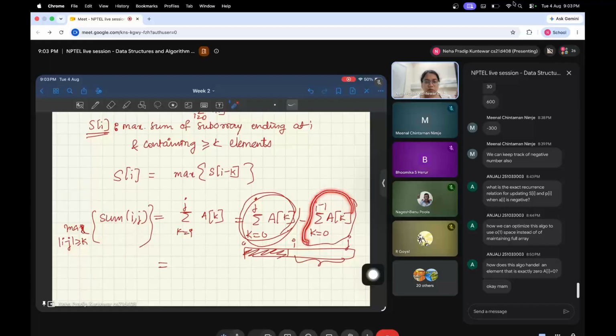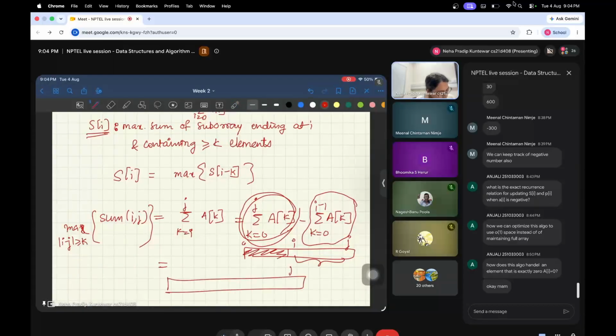So what is it really that we are removing? Let's say I'm finding the maximum subarray sum up to point j. I can think of removing this part and so on, but I cannot go all the way up to here and remove all of it, because I want my subarray to be of size at least k.